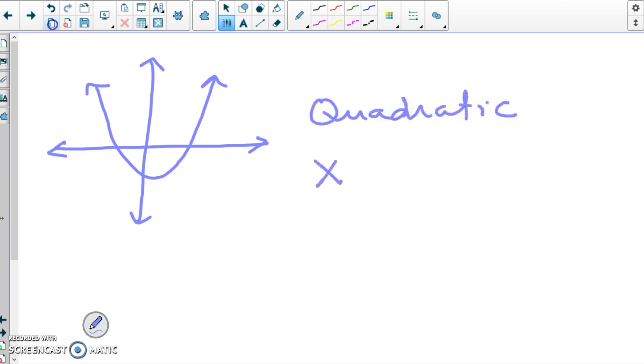Quadratic, because there will be some relationship between y and x to the second power. So anytime we see x to the second power, we know that we're looking at a parabolic function, also known as quadratic.